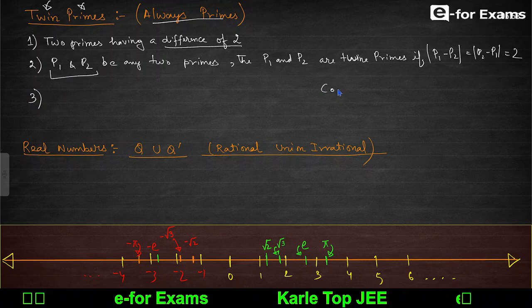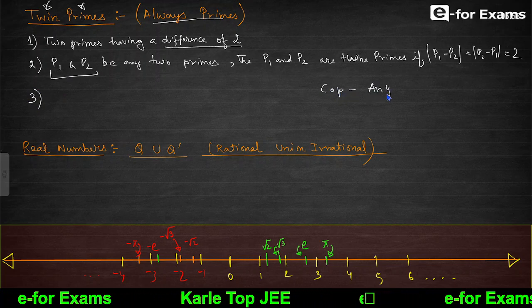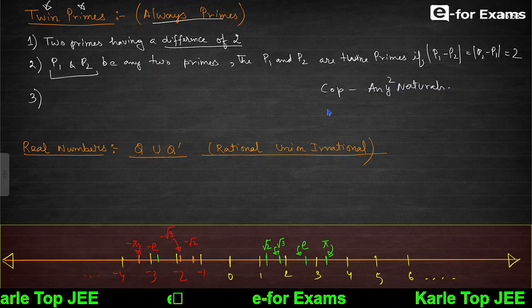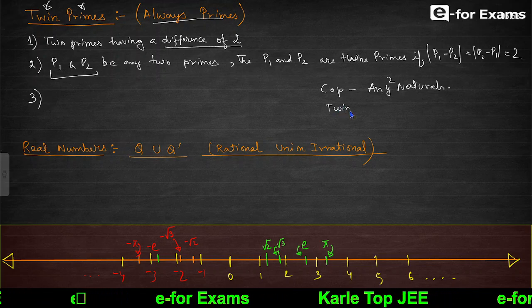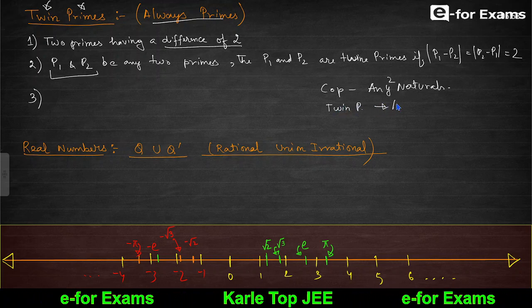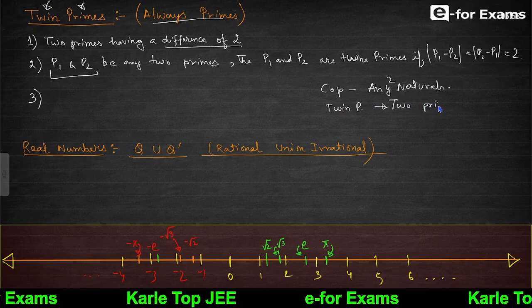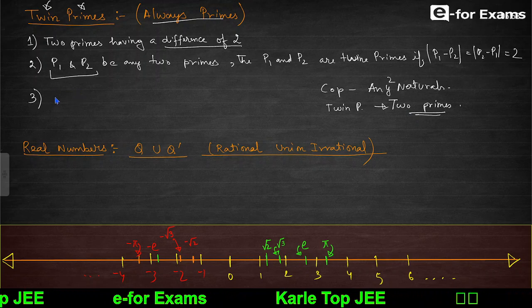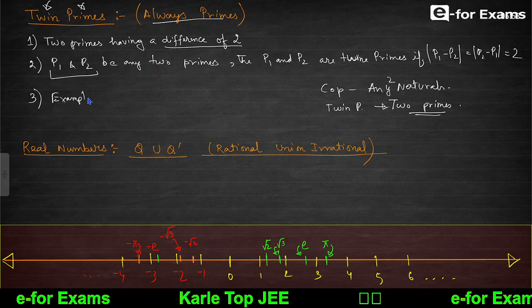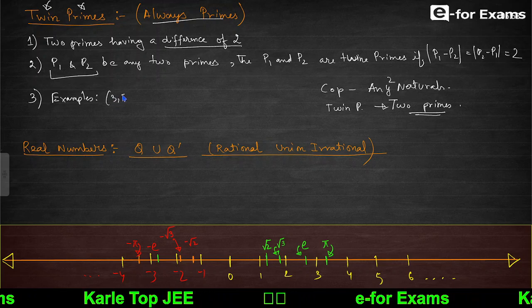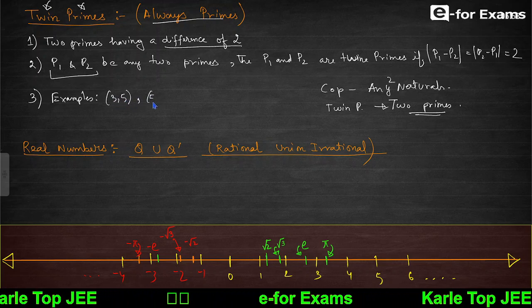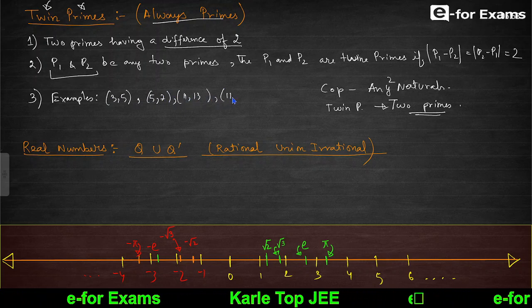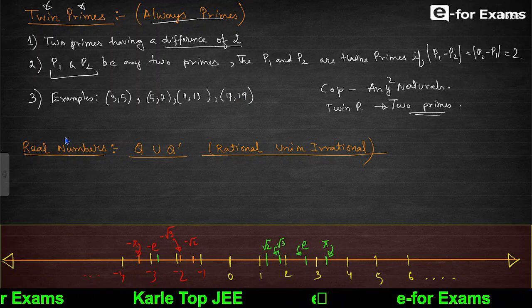In co-prime, any 2 natural numbers. In twin prime, 2 prime numbers. 2 primes. Example, 3, 5, 5, 7, 11, 13, 17, 19.